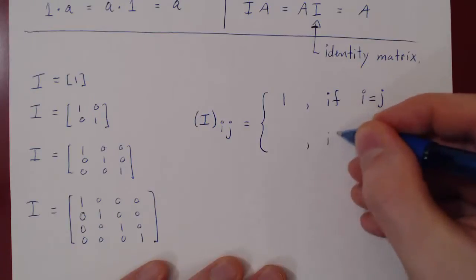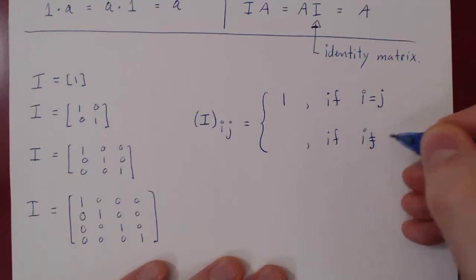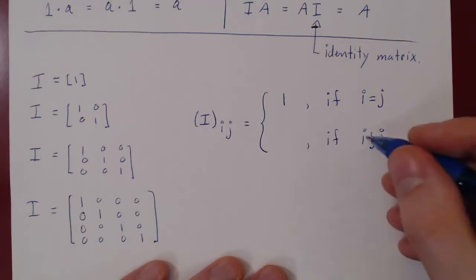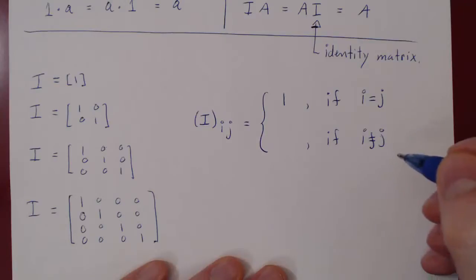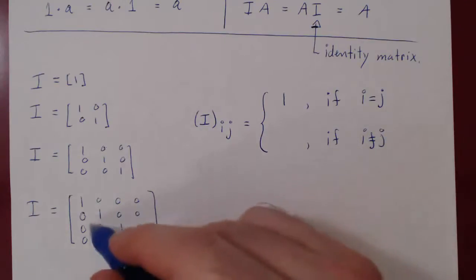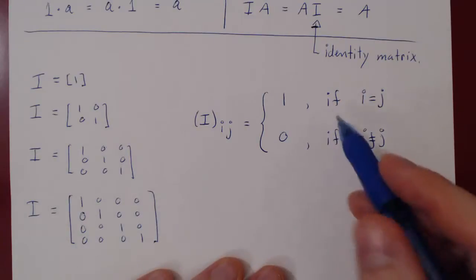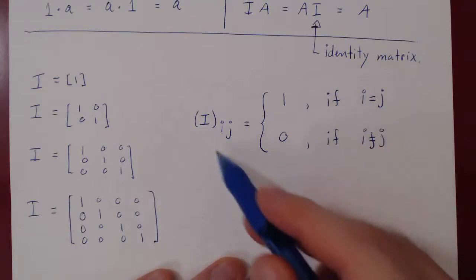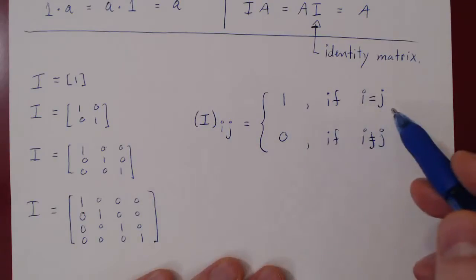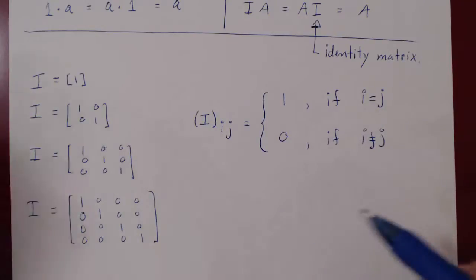And of course, if i is not equal to j, then you're off the main diagonal, and the entries are simply equal to 0. And this is how you define the identity matrix: 1s along the main diagonal, 0s everywhere off the main diagonal.